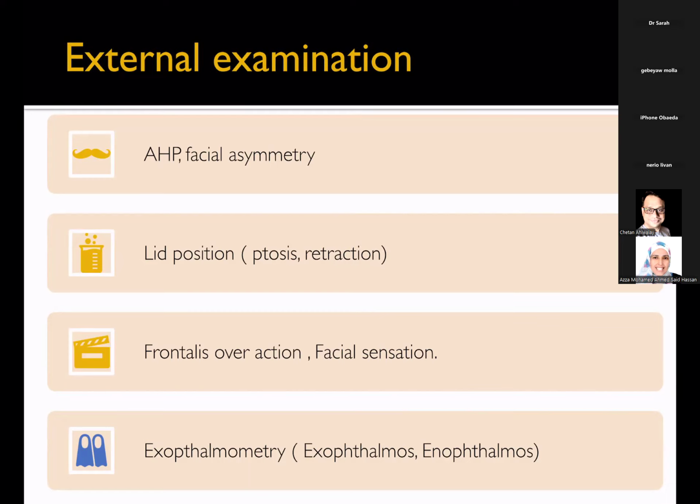Exophthalmometry can be performed if there is any suspicion of exophthalmos or enophthalmos. As we mentioned, one of the most important questions we ask the patient about is history of trauma. Enophthalmos is usually one of the findings in an orbital floor fracture, a blowout fracture. They can present with mild enophthalmos and a history of, for example, a car traffic accident or closed head injury, and the blowout fracture can pass unnoticed by the history.